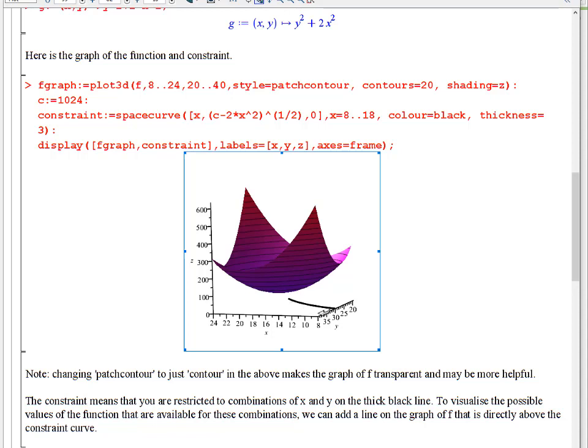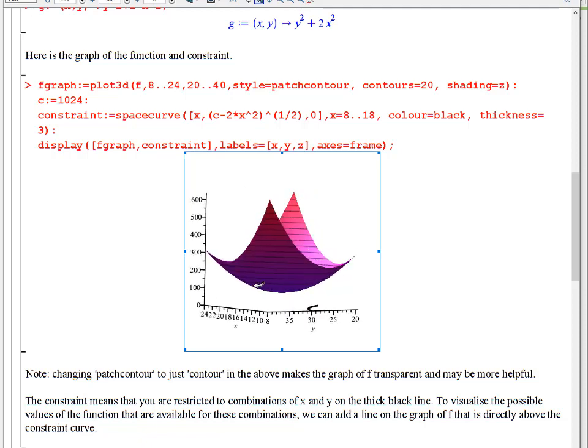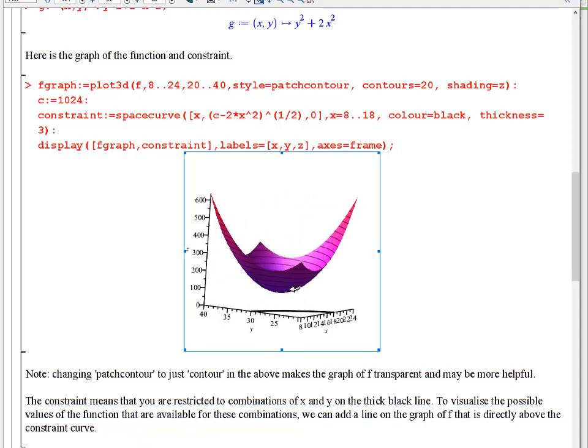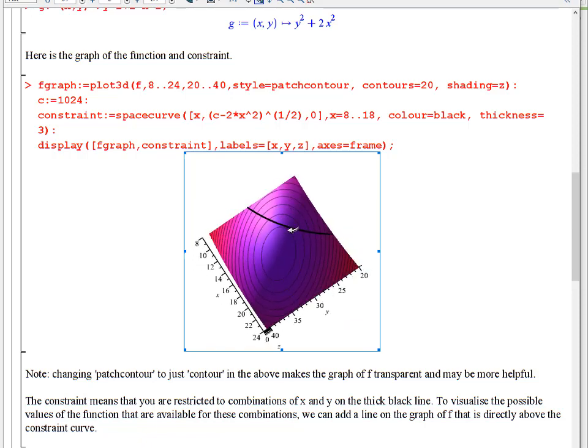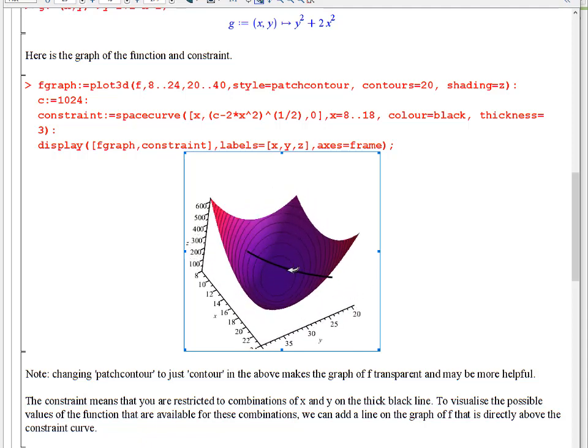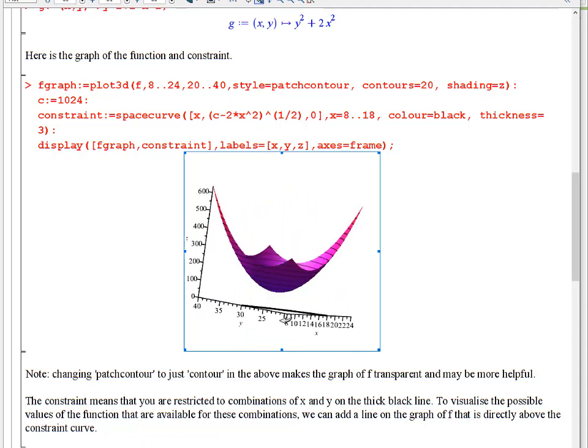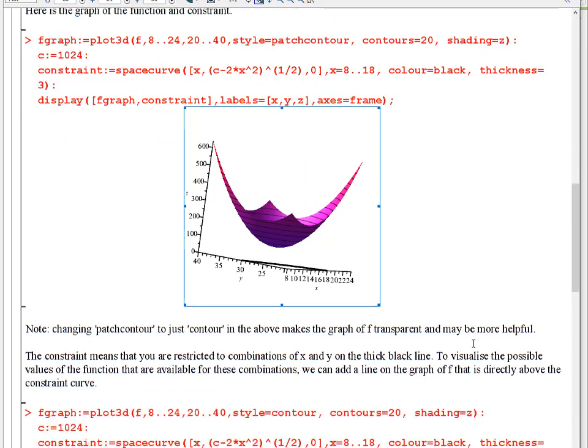So you have to stay on that black line, combinations of x and y, and find the minimum value of this function. You can see that it's going to be round about here somewhere. So you just want a way of pinning down that point, because that's the lowest you can get in the constrained optimization in this case.